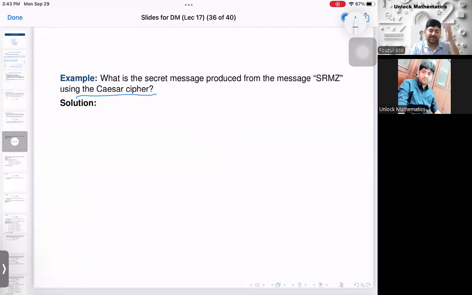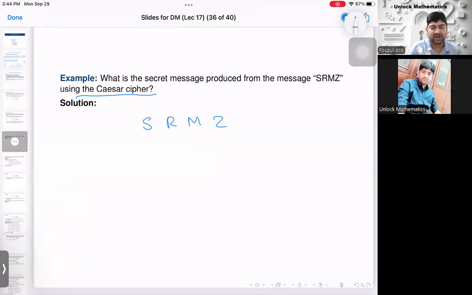So you have to shift 3 letters, right? SRMZ. So basically, you can directly do it without using all this function f(p) equal to p plus 3 mod 26. You may not do all these things. You can do it directly, I know, because this is very easy encryption.